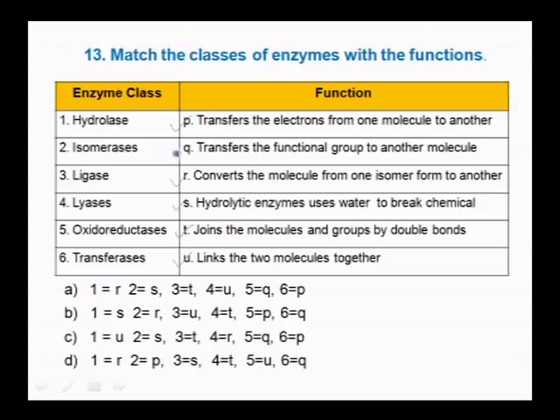We are left with this and the name itself indicates, so it will help in the transferring of a functional group to another molecule. So from one chemical group it will transfer the functional group to the other one. So with the following function, the option that matches very well is option B. So answer for the 13th question is B.